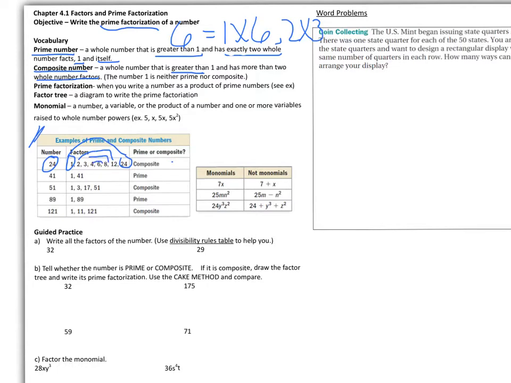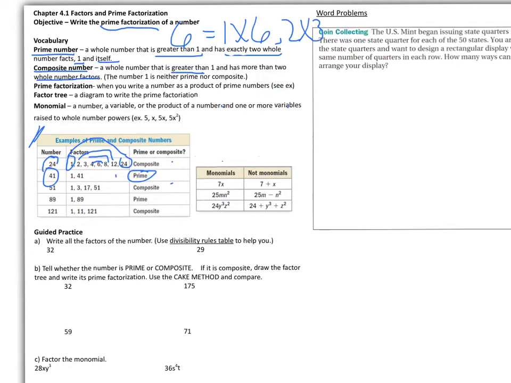Or you can use a chart, 1 and 24, 2 and 12, 3 and 8, 4 and 6, and you draw a chart. 41 would also be considered a prime number because it only has the factors 1 and itself, 41.